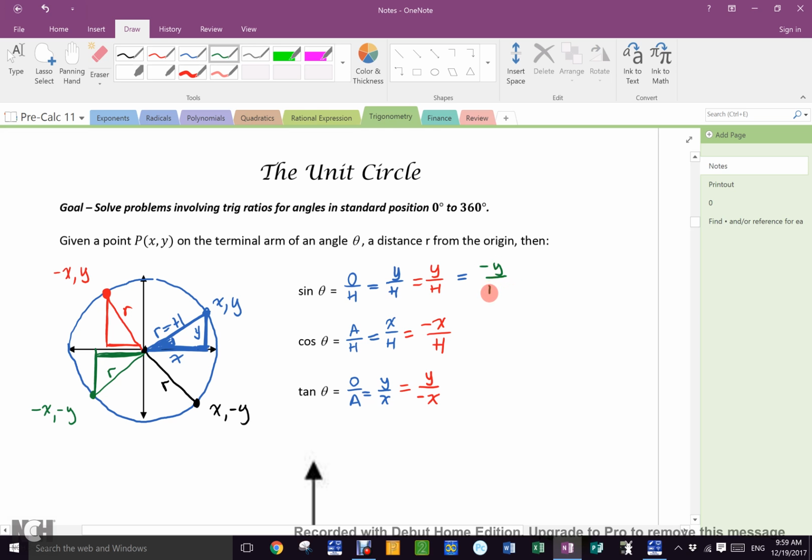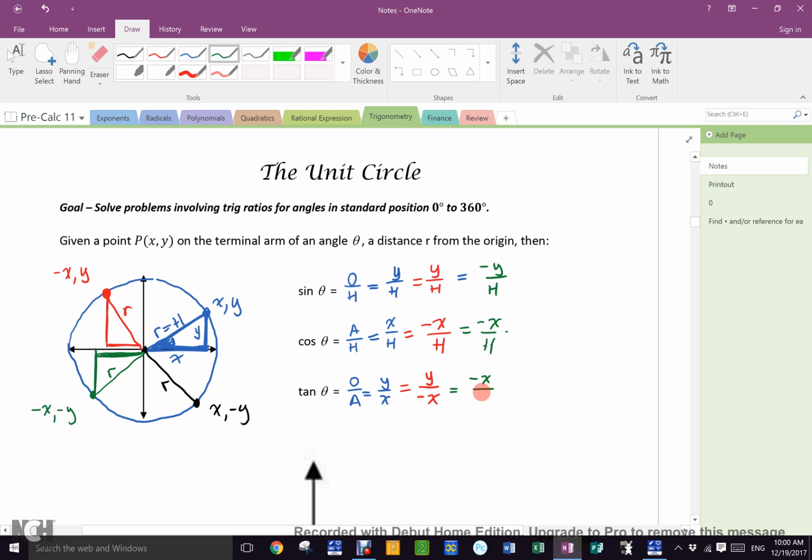Negative y over h. What is green cos? Negative x over h. What is green tan? Which is y over x, isn't it?